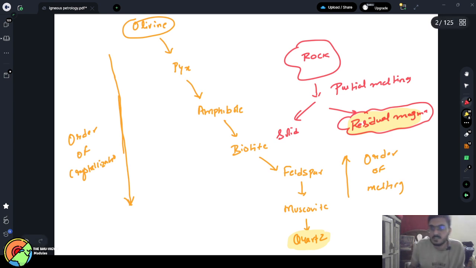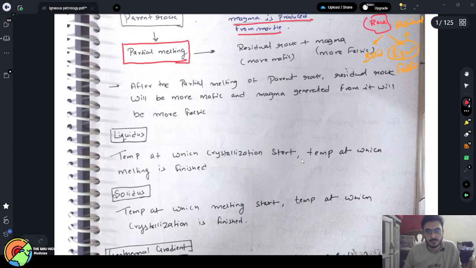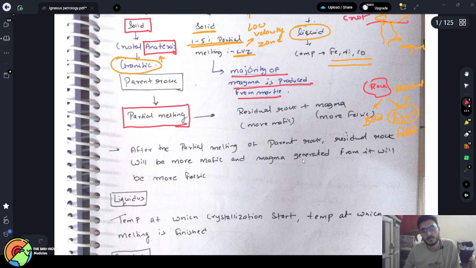So this residual magma will be rich in silica content, and therefore it will be more felsic. And the solid left behind will be more mafic. This is very simple to understand from here, the concept of partial melting.